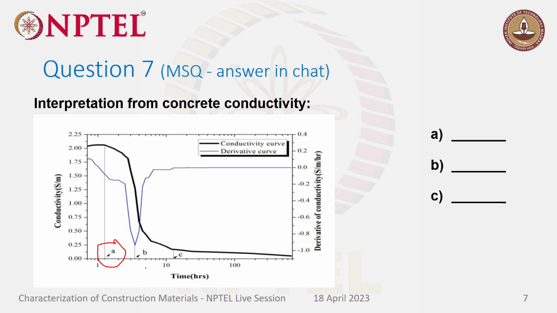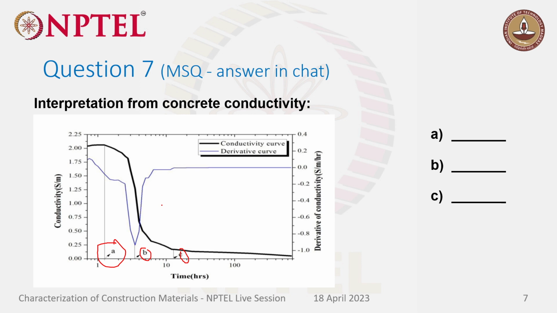So what does A mean, what does the period between A and B represent, what does B mean, and what does C mean? There is some difference here in the derivative of conductivity: there is some decrease and some increase. From here, what are you able to interpret?